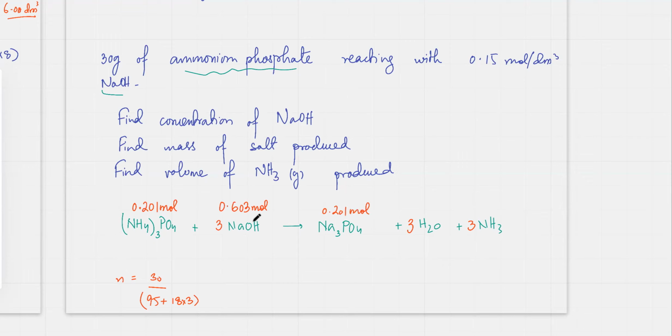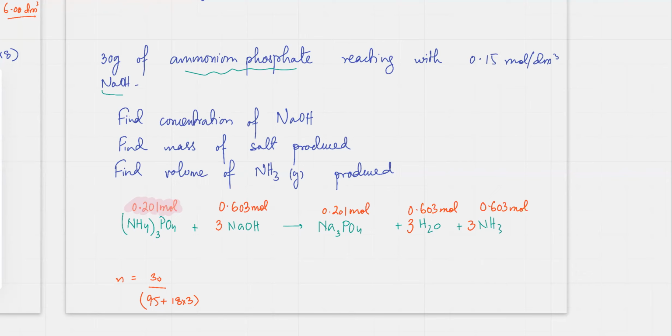And this one over here would be 0.603. And this one over here would be 0.603 moles as well, I think. Okay, so by just finding the moles of one substance, you should be able to find the moles of all the other substances.